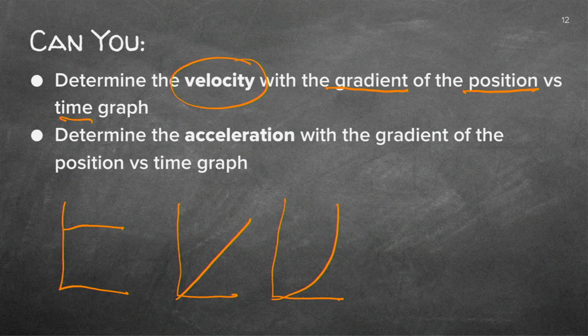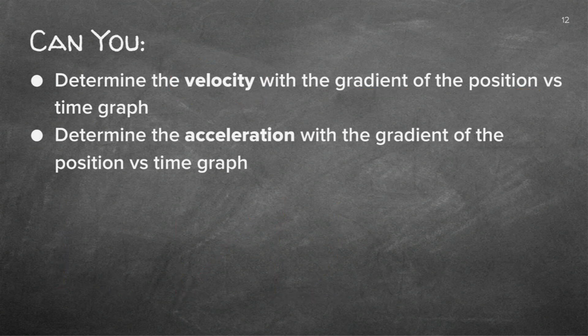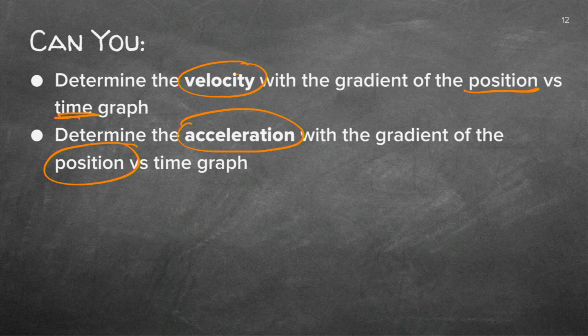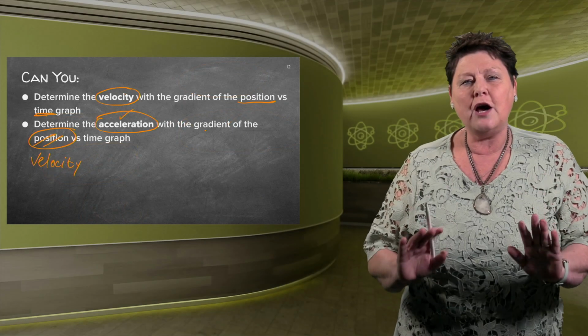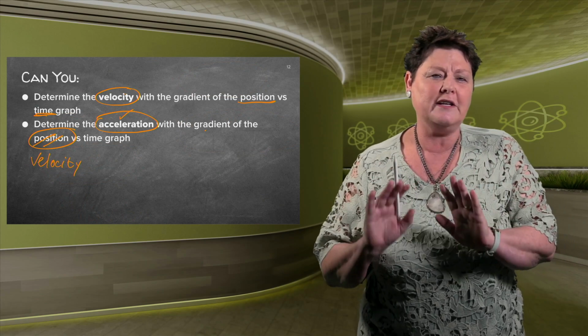The other type of gradients that you have to work out is with a position time. So you'll have to be able to work out the acceleration and the velocity. So the gradient of a position time graph will be able to give you velocity. The gradient of, no, this is wrong. It's not position, it's velocity time. That will actually give you acceleration. So you know you've got two types of gradients that you can work out.